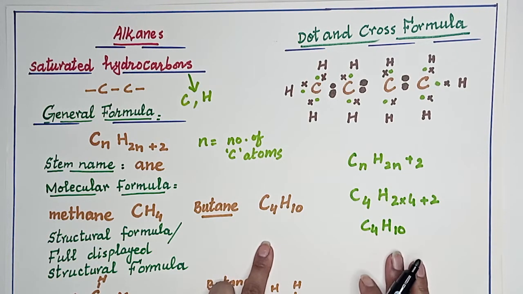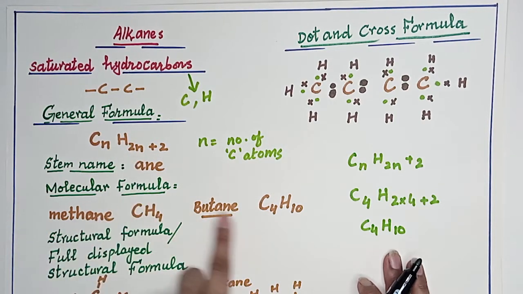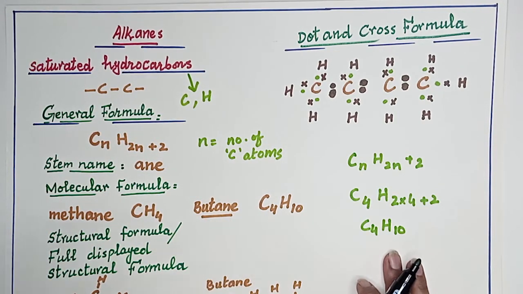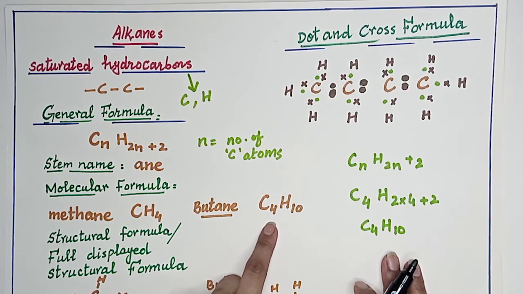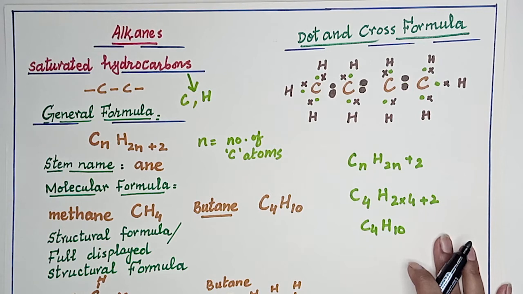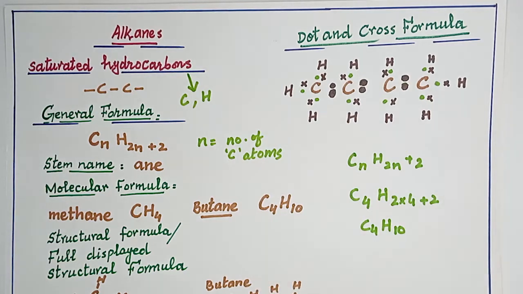So this is the way through which we can use the general formula to get the molecular formula of the respective alkane. If it is butane, 4 carbons; propane with 3 carbon atoms, ethane with 2 carbon atoms. So it depends upon the number of carbon atoms which they contain.